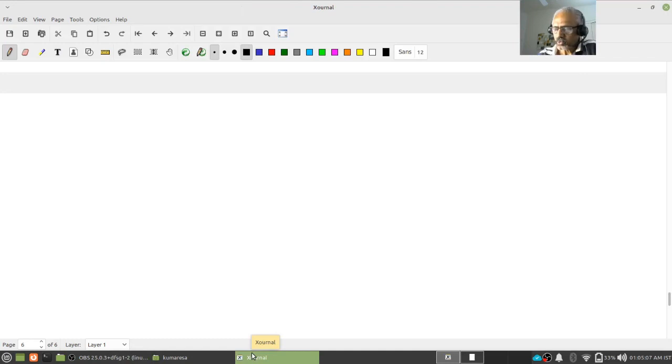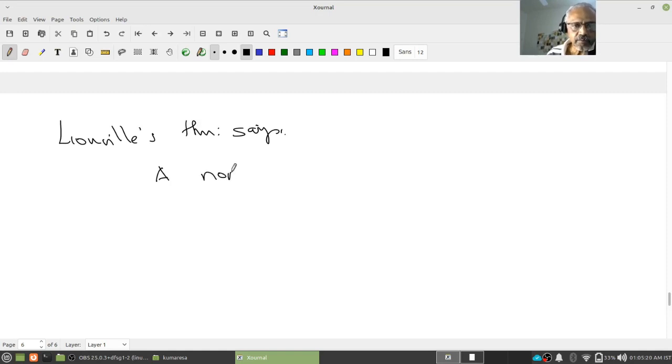Please understand this. I will explain that by sharing the screen again. So what does Liouville's theorem say? It says a non-constant entire function, that is a holomorphic function on all of C, is not bounded.